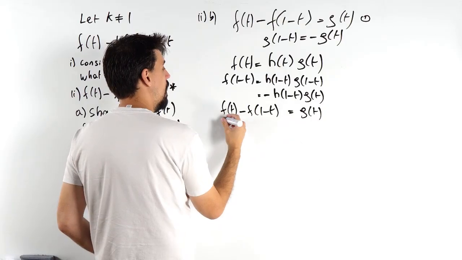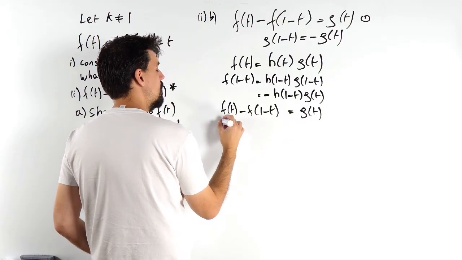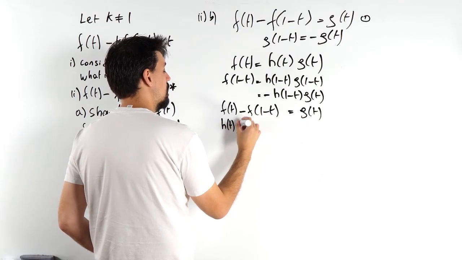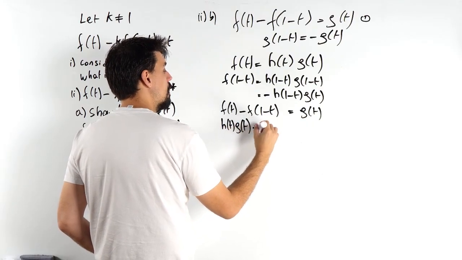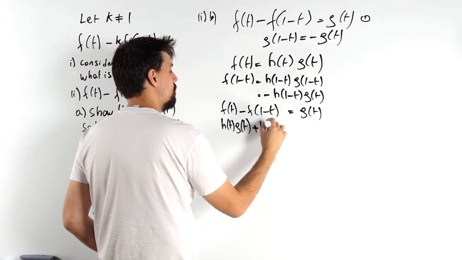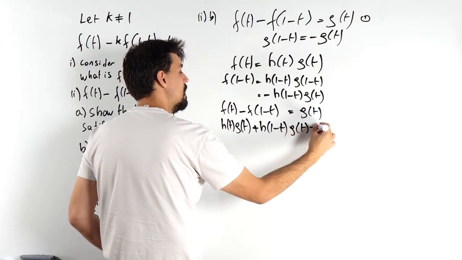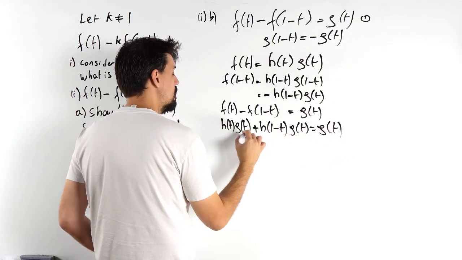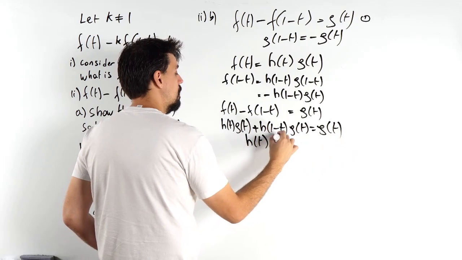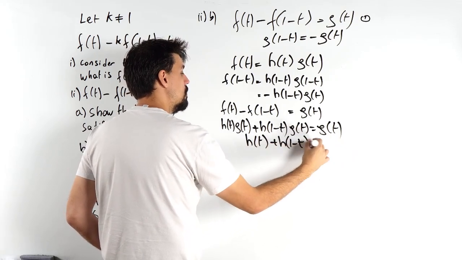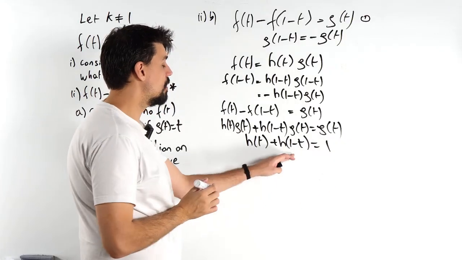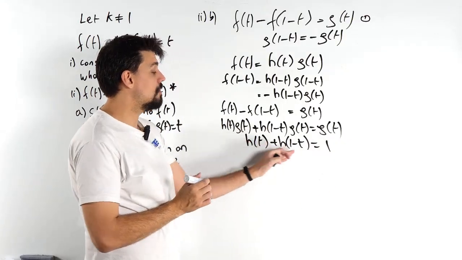Let's plug in what we know. That tells me that h of t g of t, plus minus minus h of 1 minus t g of t is equal to g of t. So I've got myself to working out some function where h of t plus h of 1 minus t is 1.